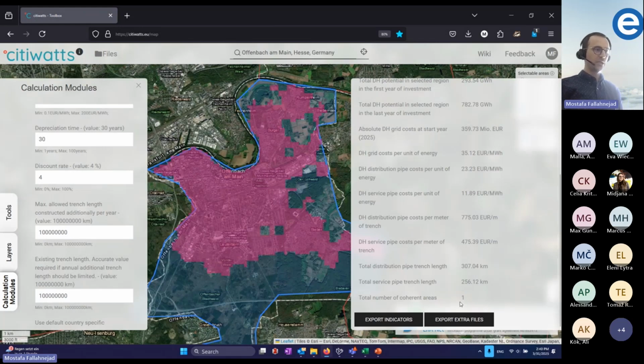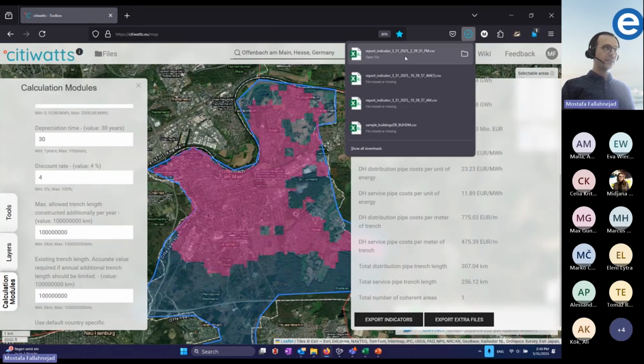And I have only one large coherent area.